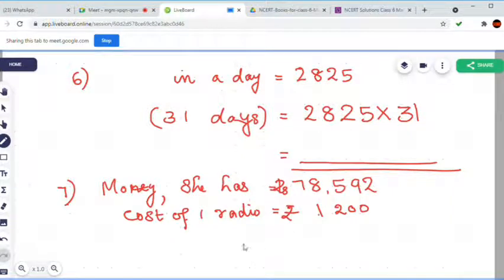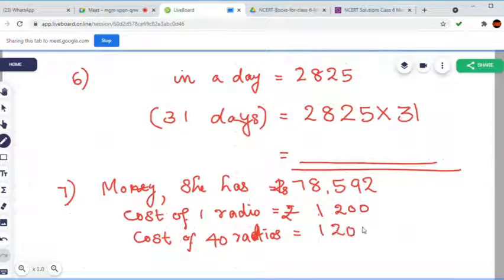Anyway, give the symbol. That is good. Now, next you write cost of 40 radios. That is equal to this 1,200 times 40.